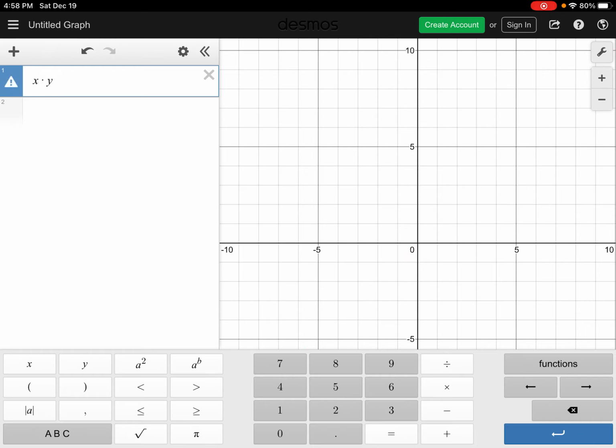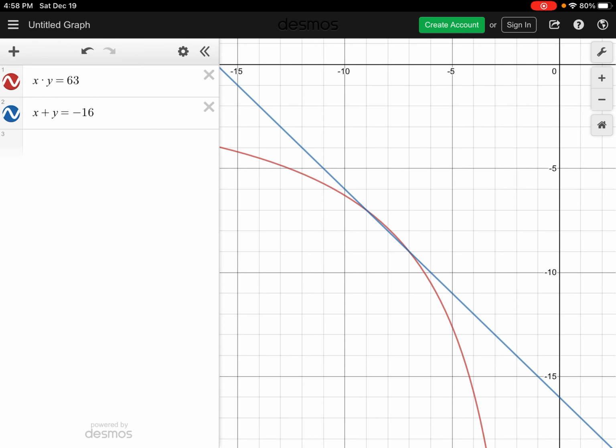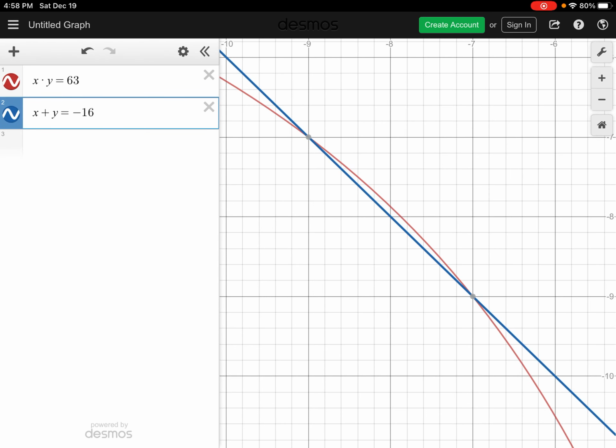So I know x times y equals 63, and I know for the two numbers that I'm looking for, x plus y equals negative 16. What I want you to see is, look at your graphs that are created and find the points of intersection, because those are going to be your answers. You look at your x values for your answers.